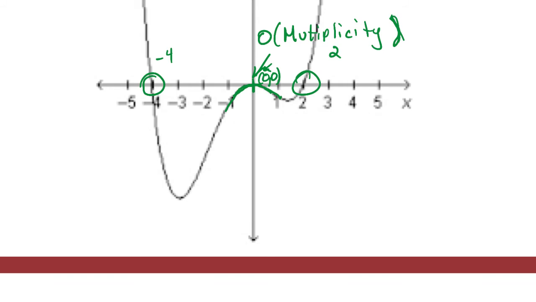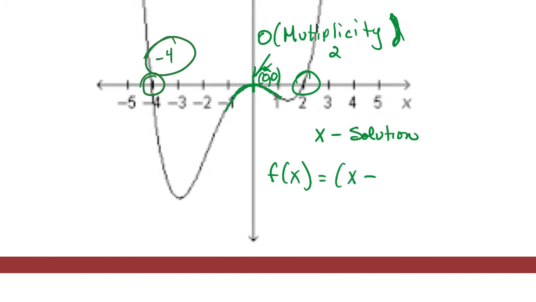So when we write our polynomial here that gives us this function, it's always x minus solution or root. So it'd be x minus negative 4, then x minus 0.